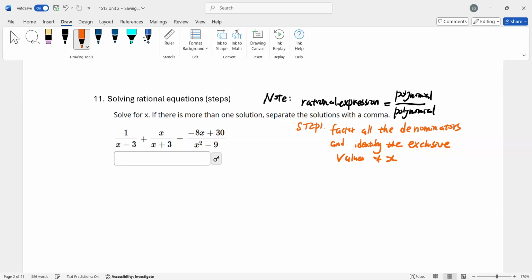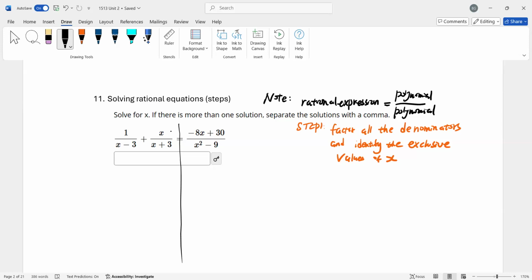I'll explain. The first step is to simplify. Factor all the denominators. One reason to do that is to identify the exclusive values. Okay, let me show you what I mean.